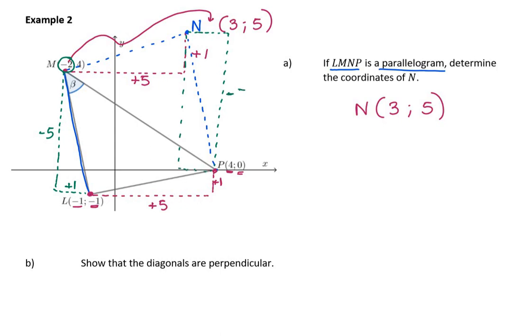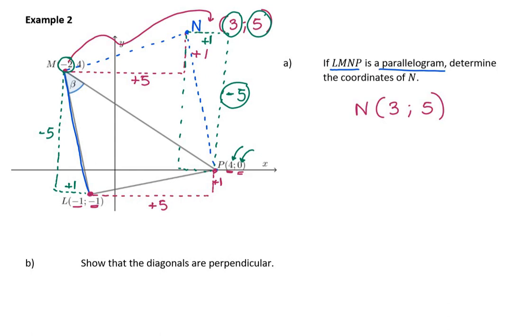But clearly I'm going to be subtracting 5 and adding 1. So what do I have to add 1 to get to 4? I must have started at 3. And what do I have to subtract 5 from to get to 0? It must have been 5. So obviously you don't have to check both ways. Pick whatever way makes sense to you, but both of them will work.